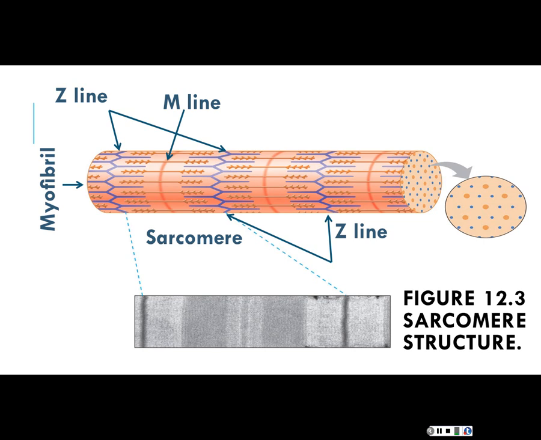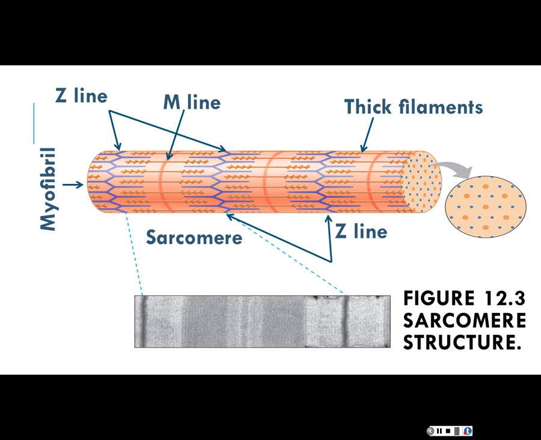On the M line, if you notice running perpendicular to it, we have this barbed looking something that looks barbed in this image, right? That's going to be what we'll call the thick filaments. The thick filaments branch off of the what? The M line. Very good.